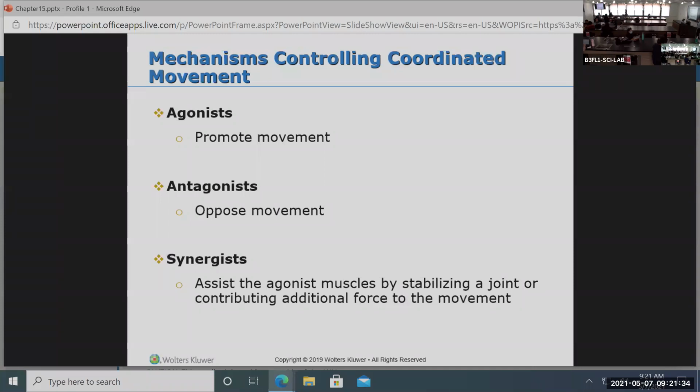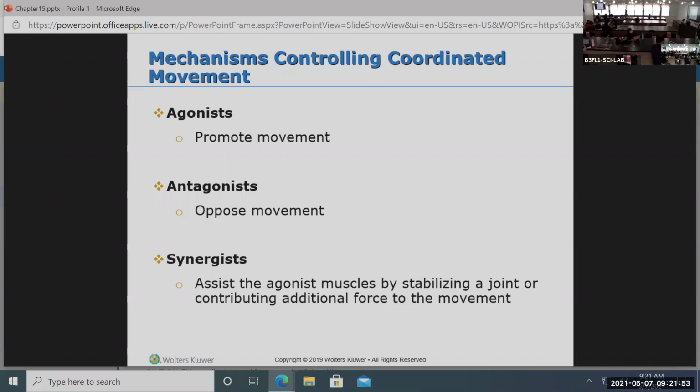Now we do have synergistic muscles, folks, remember. Synergistic muscles assist the agonist muscles by stabilizing a joint or contributing additional forces to the movement.